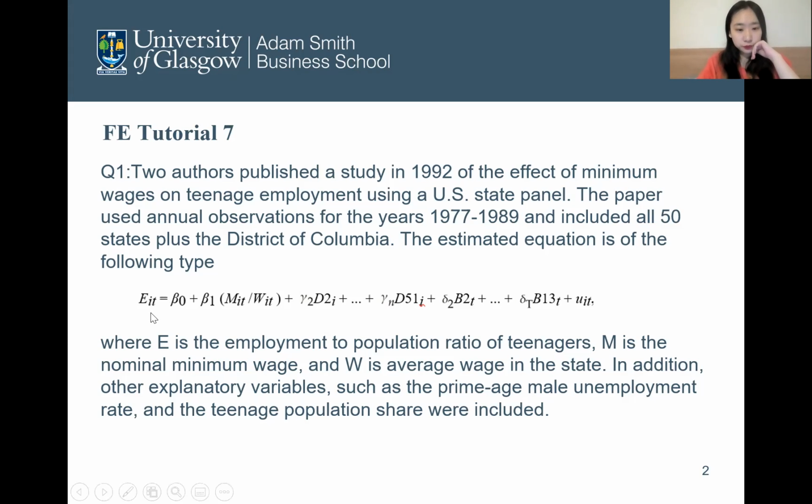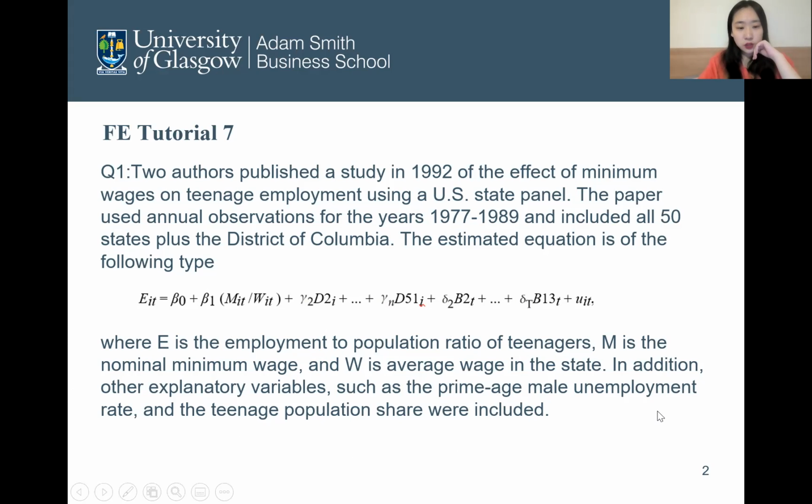So here is the estimated equation, and we can see the variables. Here is an explanation for each variable: E is the employment to population ratio of teenagers, I is the nominal minimum wage, and W is the average wage in the state.